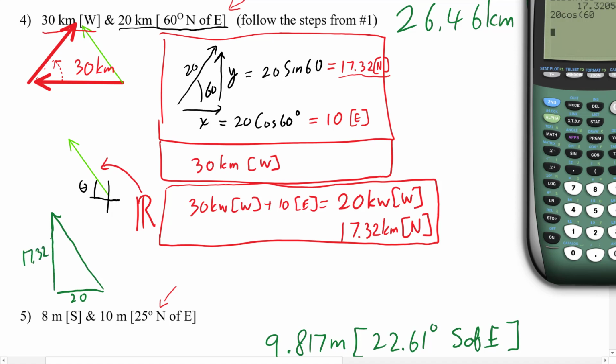So we now just have to combine them back together. So Pythagoras will tell us that we have to go 20 squared plus 17.32 squared, all square rooted, will give us that resultant length.